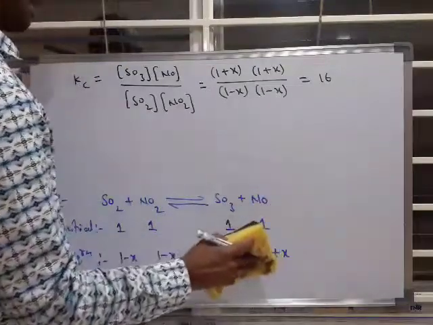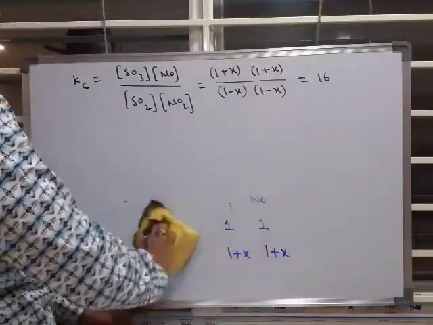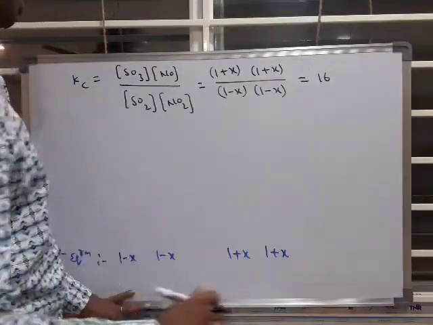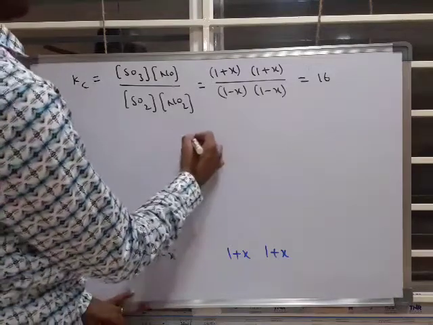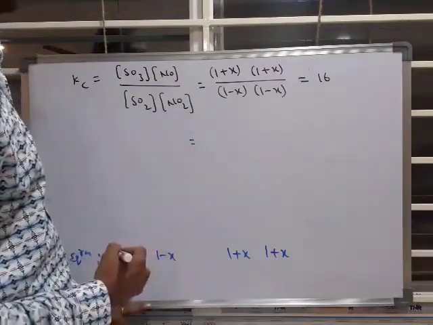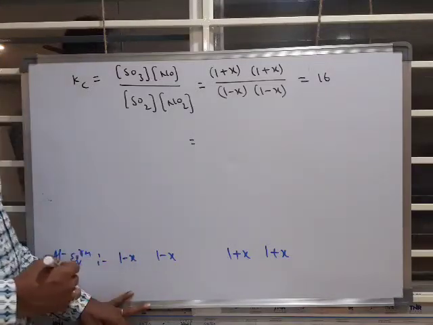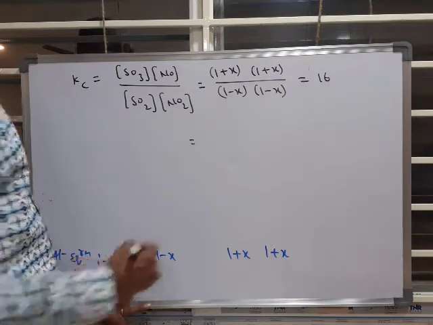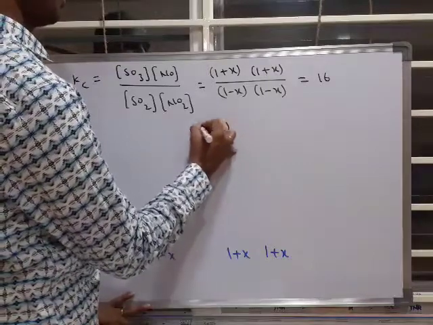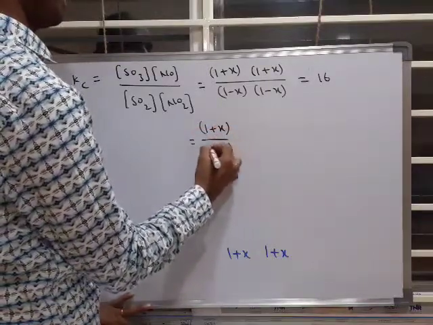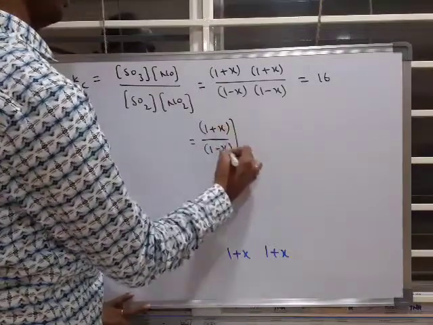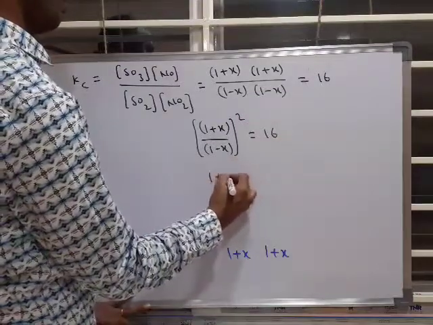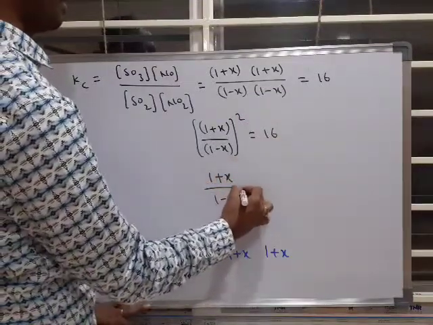So on this calculation, how much will we get? 1 plus x whole square over 1 minus x whole square equals 16. So 1 plus x by 1 minus x, we can write as 4.